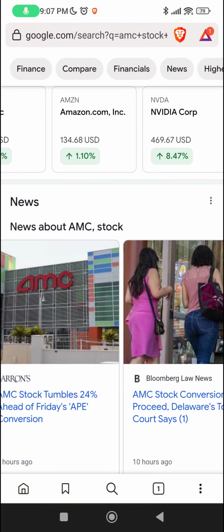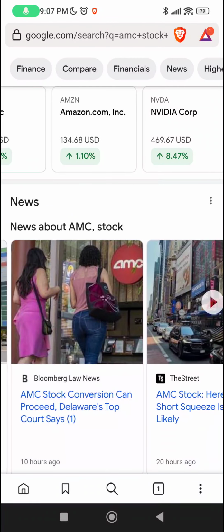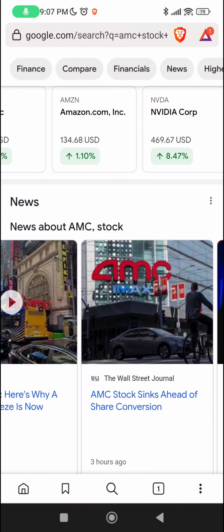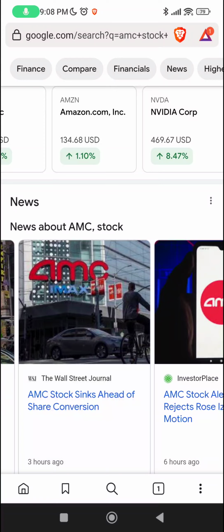I personally am a bit pessimistic on this because I've dealt with reverse stock splits before, and I would say maybe 9 out of 10 times it's bad. So there is that one chance, that small chance that it would be good. I did have one stock split that did very well.